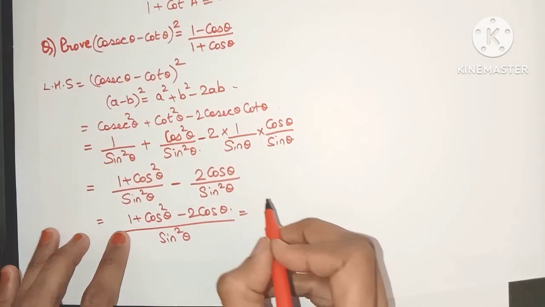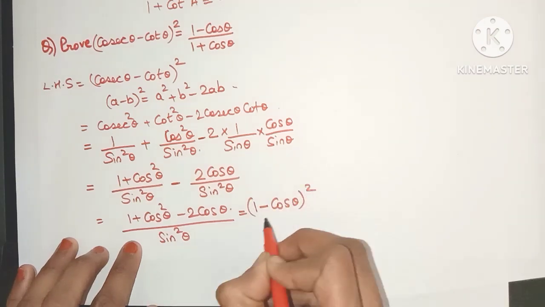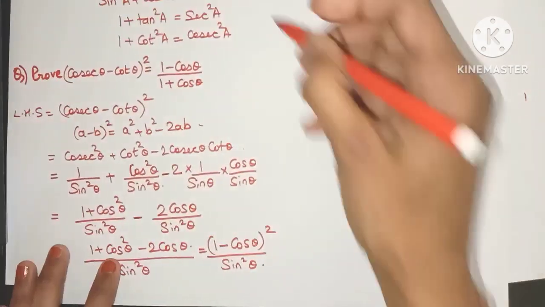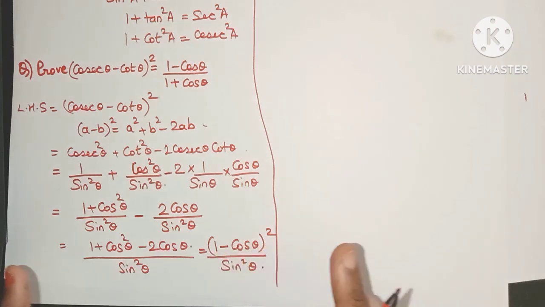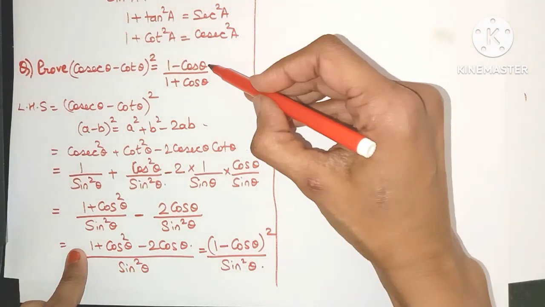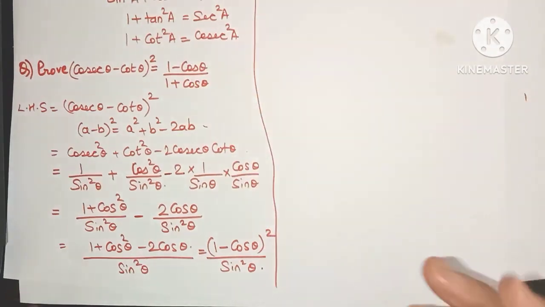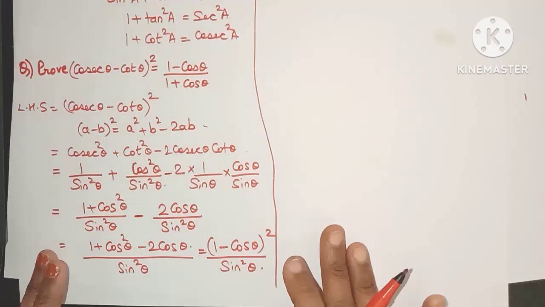So I can write this as 1 minus cos theta the whole square divided by sine square theta. Okay, friends? Now, I can also write this as cos theta minus 1, remember. But what is there on this RHS? It is 1 minus cos theta. That's why I have chosen 1 minus cos theta and not cos theta minus 1.